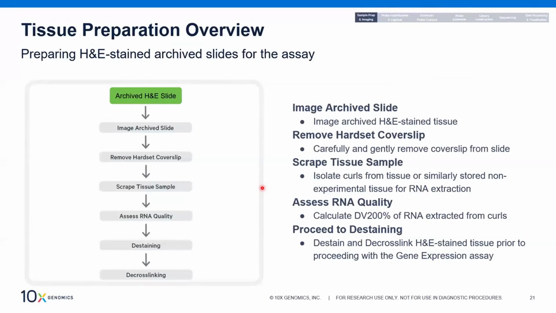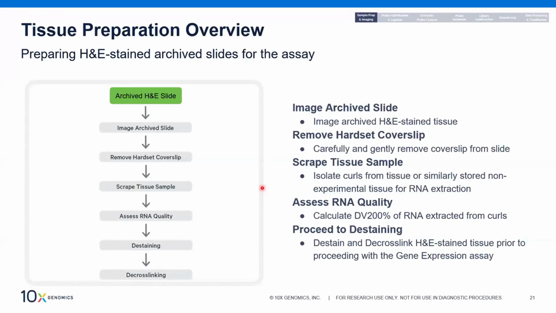But what you can do is you image your archived slides to see if the morphology is still up to what you want. You then remove a hard set cover slip. This can be done really carefully, and we have some protocols for this if you're interested in knowing how this works. Scrape some tissue, either from similarly stored non-experimental tissue. So, you know, you have 6 slides available, 4 of them do not work with the alignment.